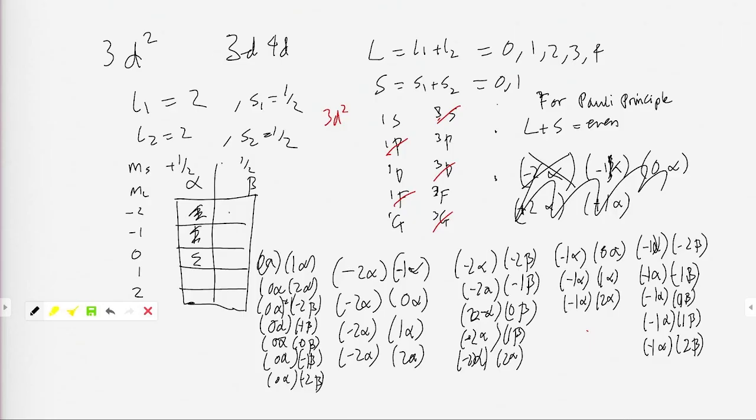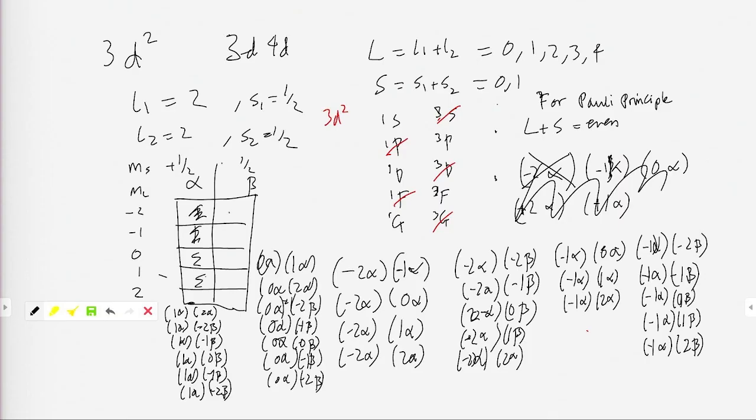Okay. Next one is this 1 alpha, 2 alpha. That's the only one we can have left with the alphas. Then we get the beta ones, 1 alpha, minus 2 beta, 1 alpha, minus 1 beta, 1 alpha, 0 beta, 1 alpha, 1 beta, 1 alpha, 2 beta.